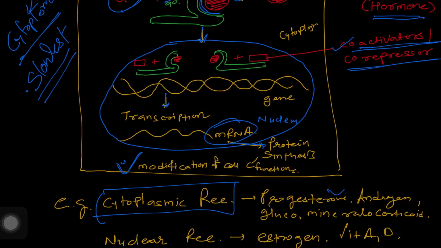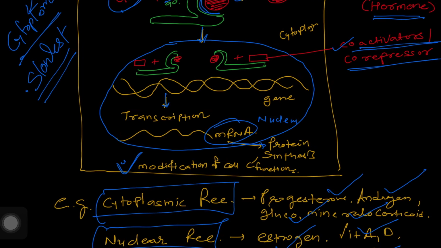So substances like progesterone, androgen, glucocorticoid, and mineralocorticoid work through these cytoplasmic receptors, while some of the receptors are present inside the nucleus, and these are called nuclear receptors. And hormones like estrogens, some vitamins like vitamin A and D, and hormones like thyroid work through these nuclear receptors.